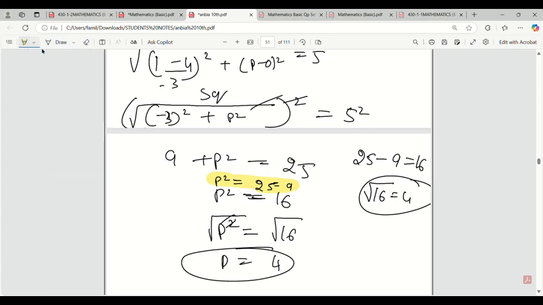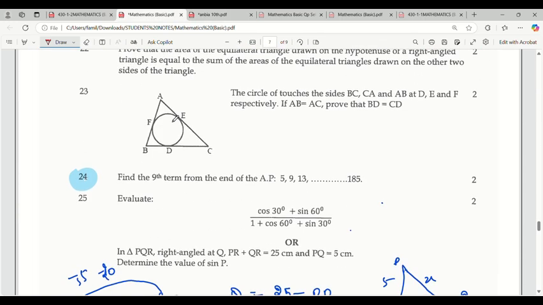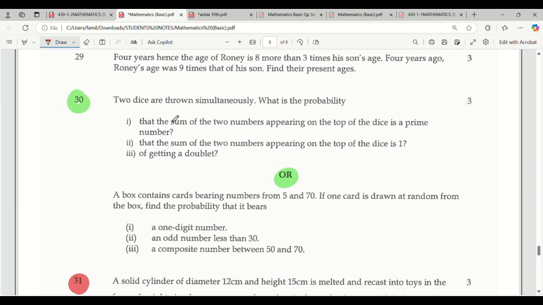You can substitute in this formula, or in this equation, and easily understand. And the square on both sides is applied for removing the square root.